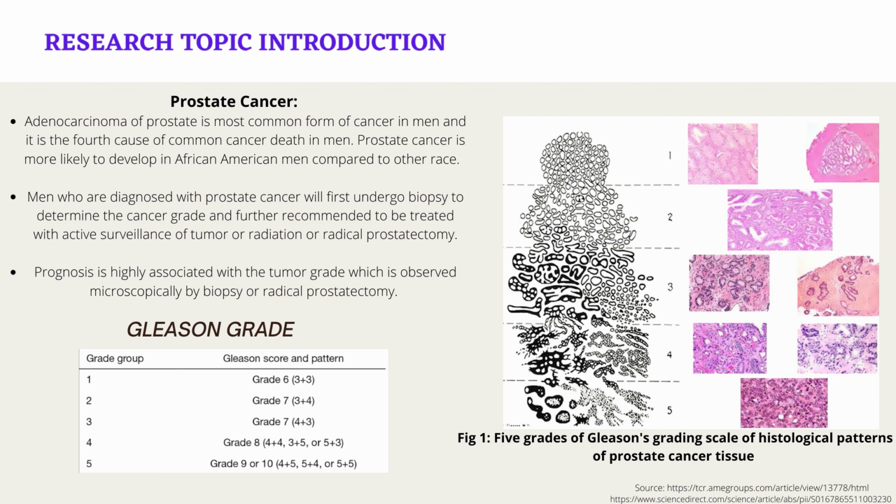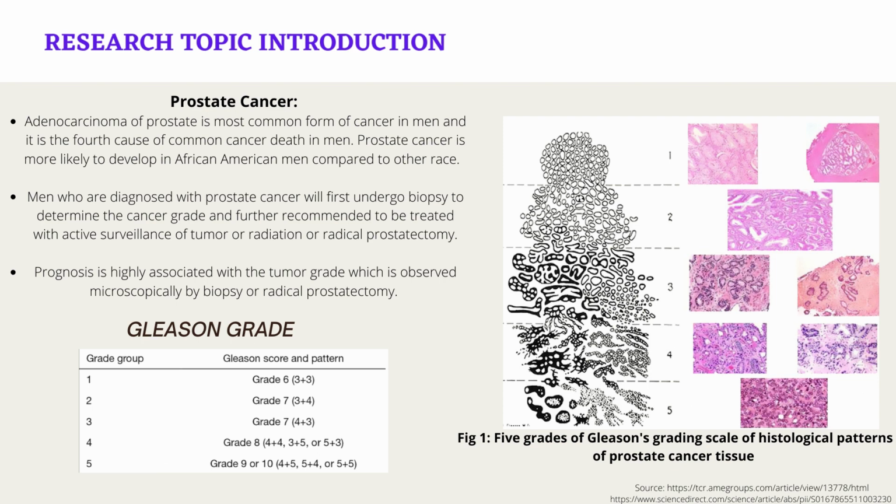These are microscopic slides where you can find the glands of either regular prostate gland or cancerous tumor tissue. The prognosis is highly associated with the tumor grade, which is observed microscopically by biopsy or radical prostatectomy.